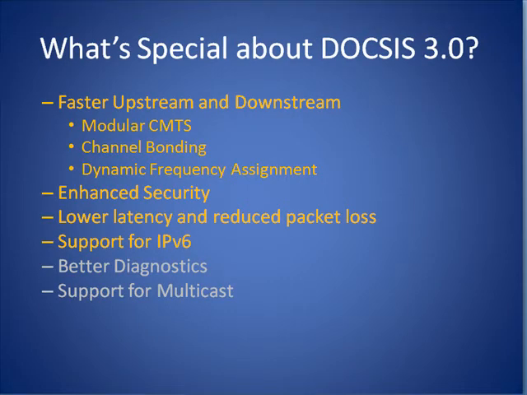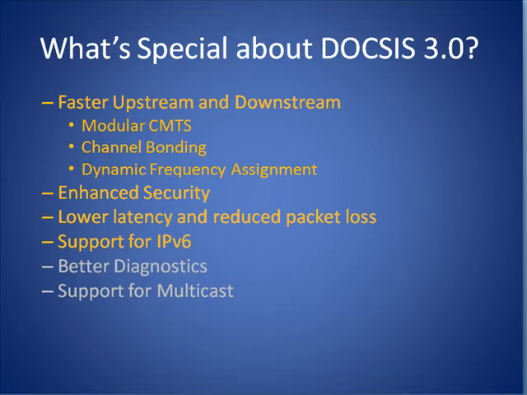What's special about 3.0? 1.0 and 2.0 have already proved to be highly successful. With this new 3.0 standard, the cable companies are hoping to increase the bandwidth that they deliver to consumers. Many investors equate the DOCSIS 3.0 standard with its support for the modular CMTS architecture, but this is incorrect.